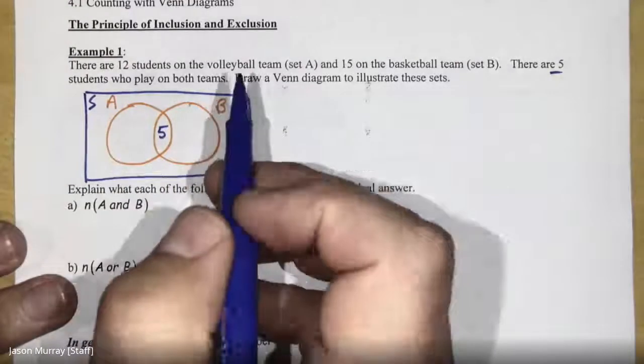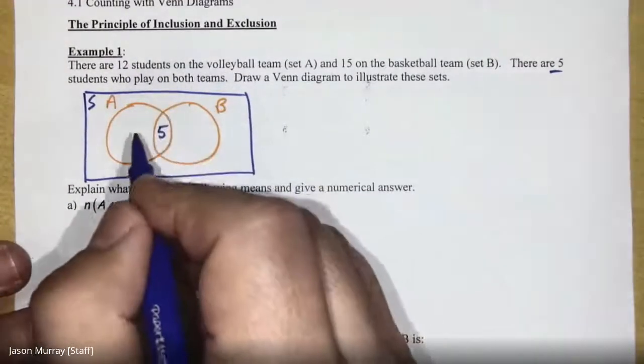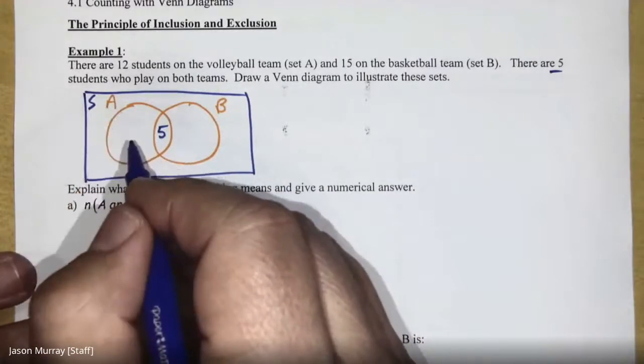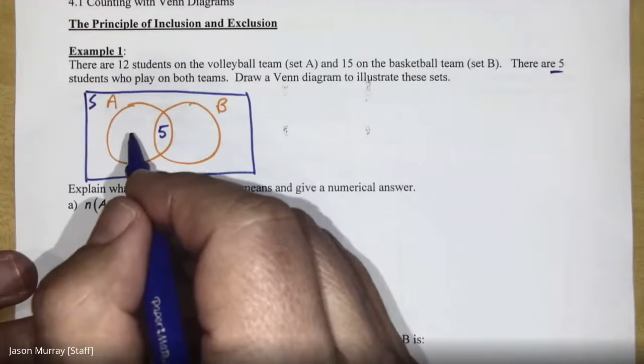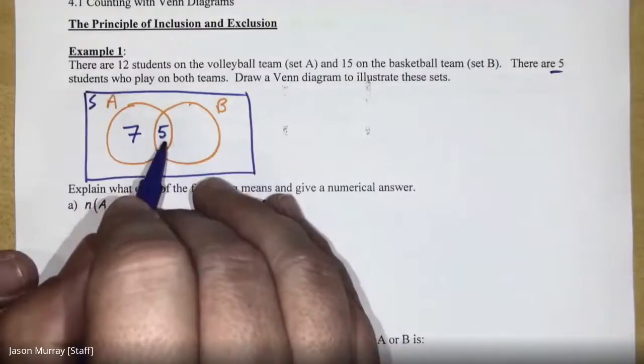Okay, so there's 12 students on the volleyball team, right? So should I just put 12 right here then? Because this is A, that's the volleyball team. Should that be 12? Megan? No, you're gonna use 7 because you have the 5 people in the common 2 teams. So there's 5 people here that are also volleyball players.